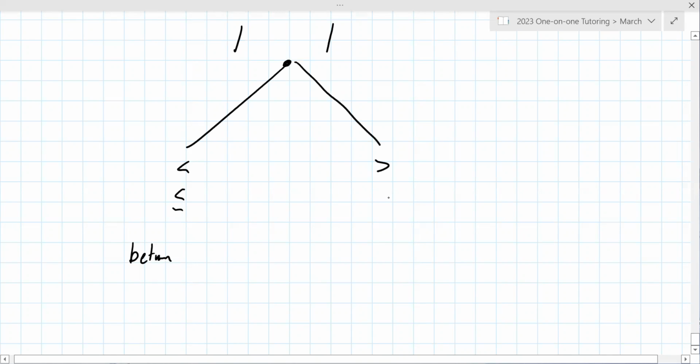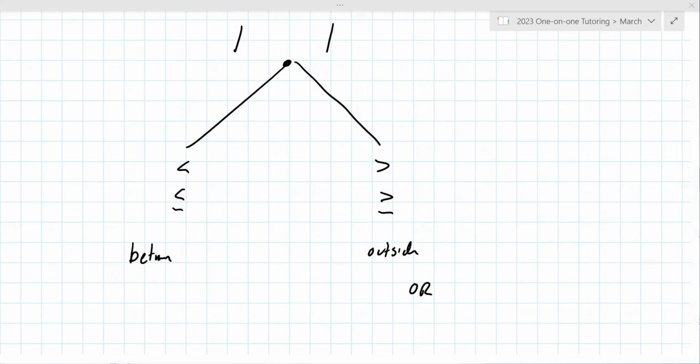If it's a greater than or equal to, that's the outside case, the or, and being able to split these apart. That's the real challenge when doing these types of problems, knowing how to handle this.